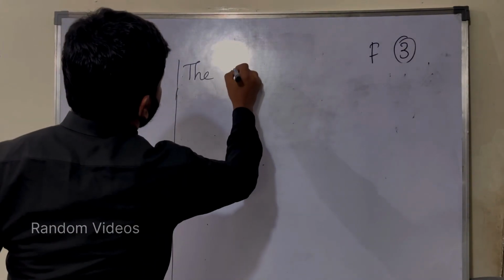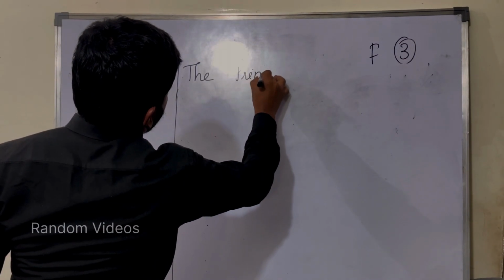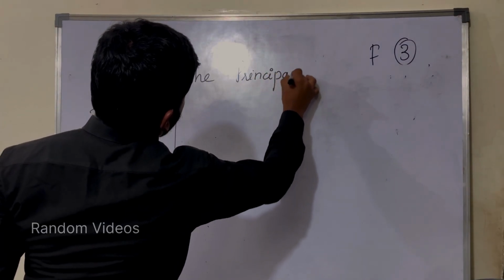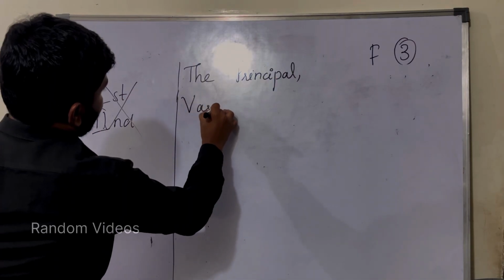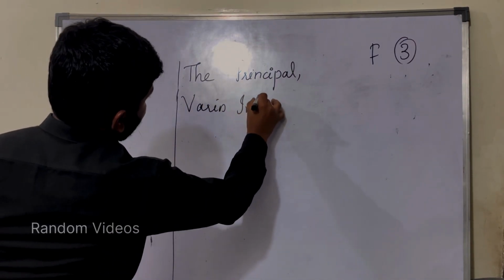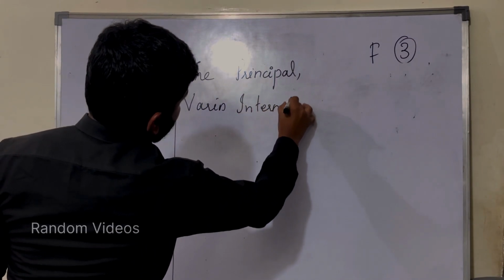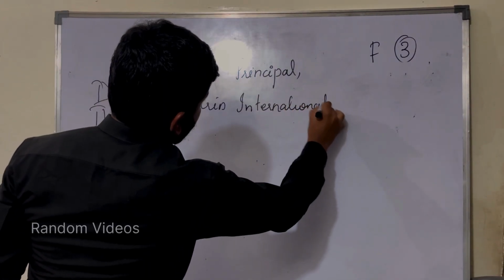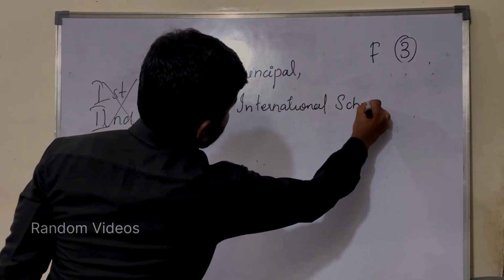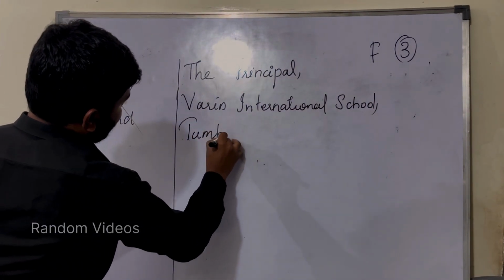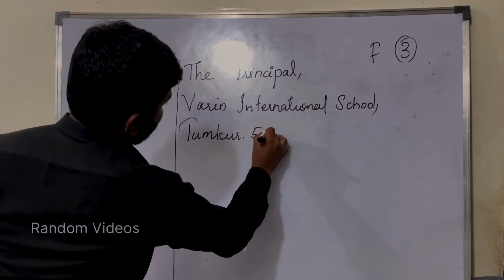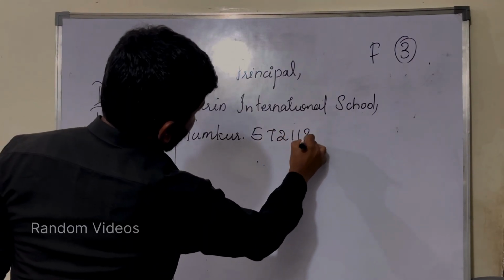And I am writing to the Principal, comma, let me write my school name, Warin International School, comma, Tumkur, 572118.